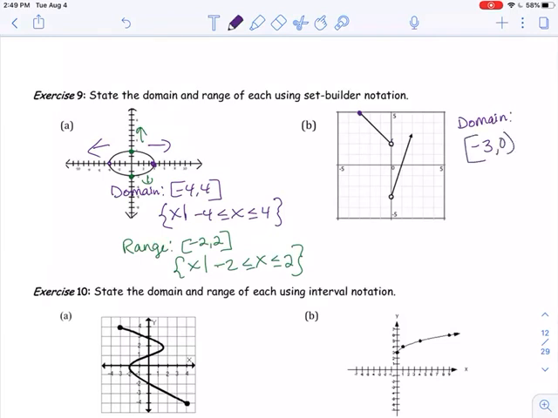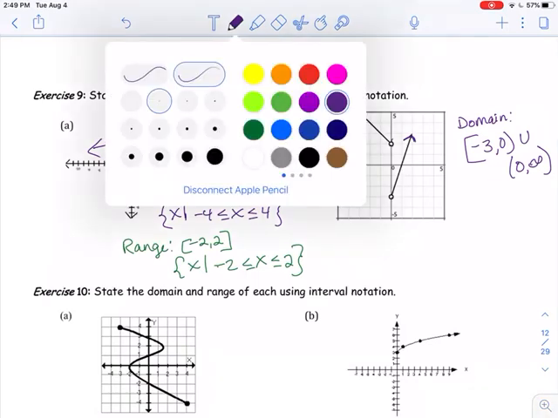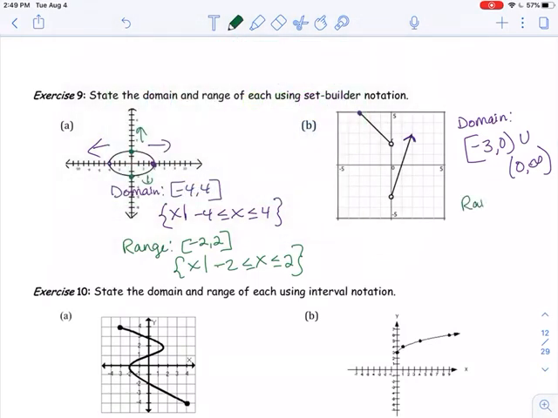Okay, so I'm not including the 0. But I am including the -3. Okay, and I have another domain from here, as long as x is greater than 0. So again, I'm not including the 0. But I'm going to go look at the arrow at the end of this. I'm going forever and ever. So I will have that one be infinity.